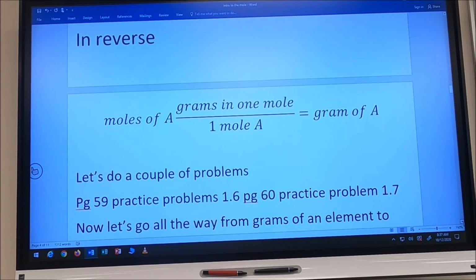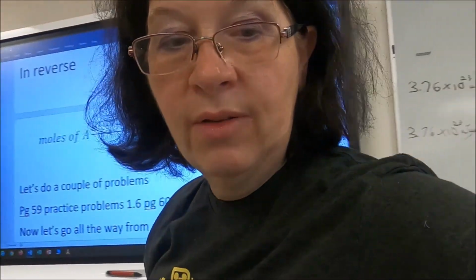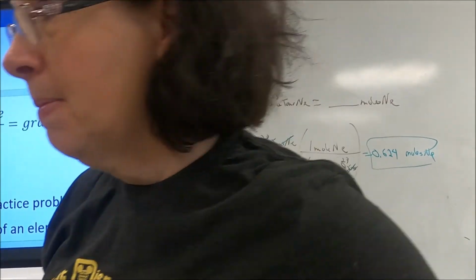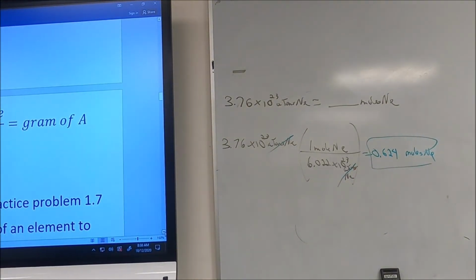If I have moles of A, if I put grams in 1 mole over 1 mole of A, I get grams of A. So we're going to do a couple of problems, okay? Let me grab the periodic table here because I'm going to need it. Now I'm just going to make up problems so that we've got some stuff to work with. I do not have a periodic table with me. Well, I'll have to go with the ones that I know.